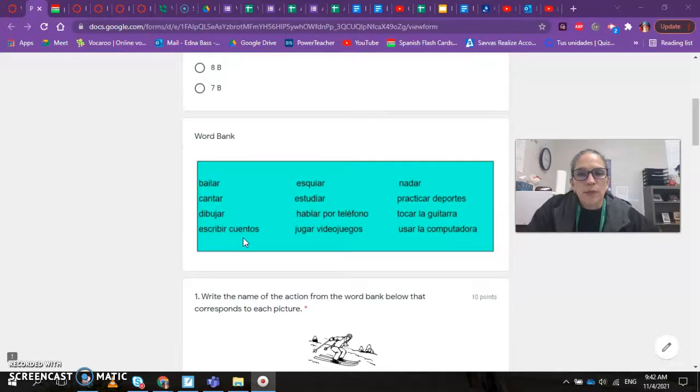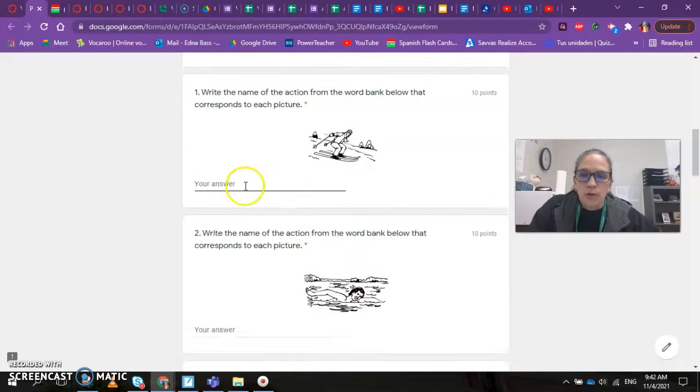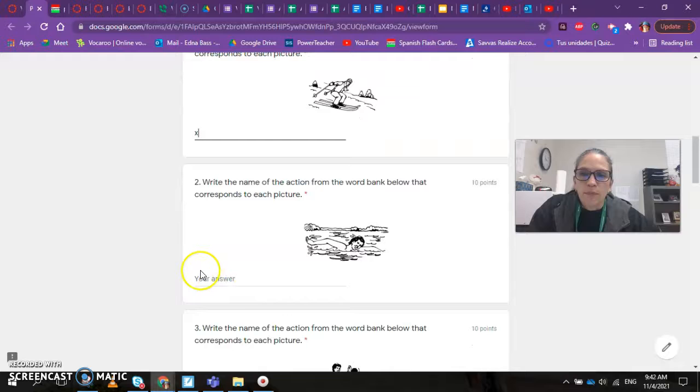And then for the first part, I gave you a word bank. So you had your word bank with the words that you need. It says write the name of the action from the word bank below. You're going to write it below. That corresponds to this picture. So you're going to write the name of whatever you see here. You take it from here and you type it here. So you do that for all of them.